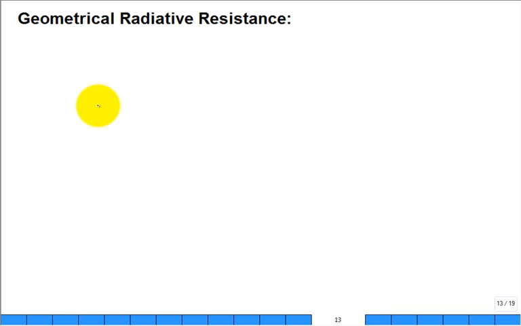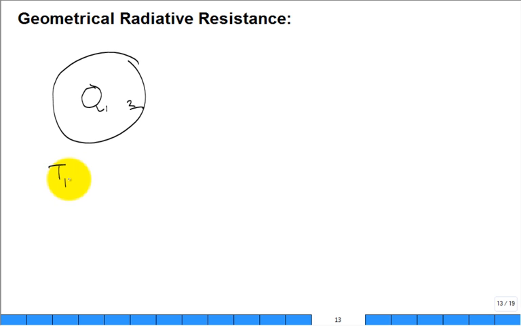Have a problem. You want to go back and stay with the cylinder inside of a cylinder. That's a two-surface exchange. Let's say this is surface 1 and this is surface 2. If surface 1 has temperature T1, then it has EB1, which is sigma T1 to the 4th, its emissive flux.